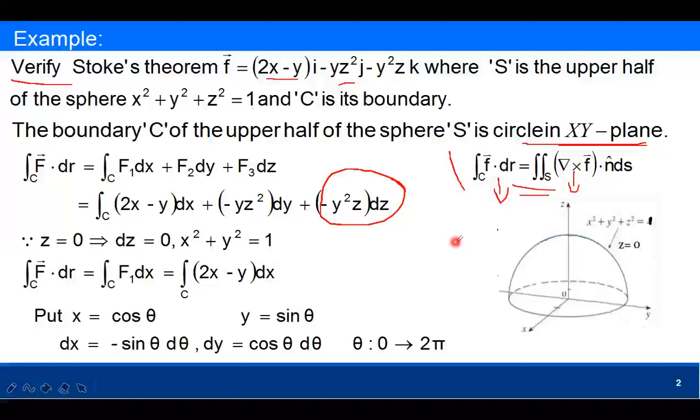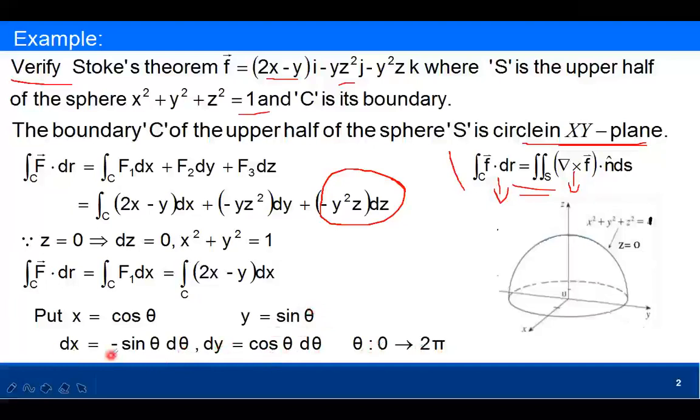Since the radius is 1, put x = cos theta, y = sin theta. Then dx is the derivative of cos theta, that is −sin theta d theta, and dy is cos theta d theta, and theta limits are 0 to 2 pi.